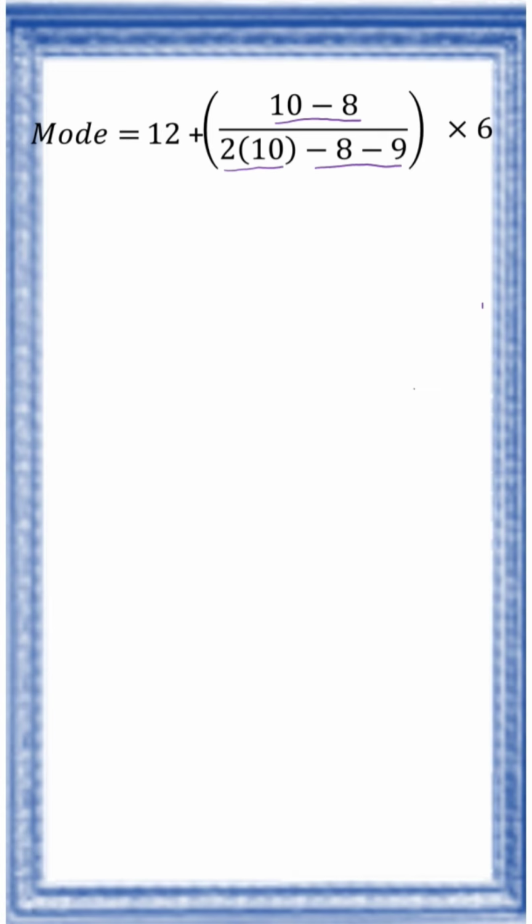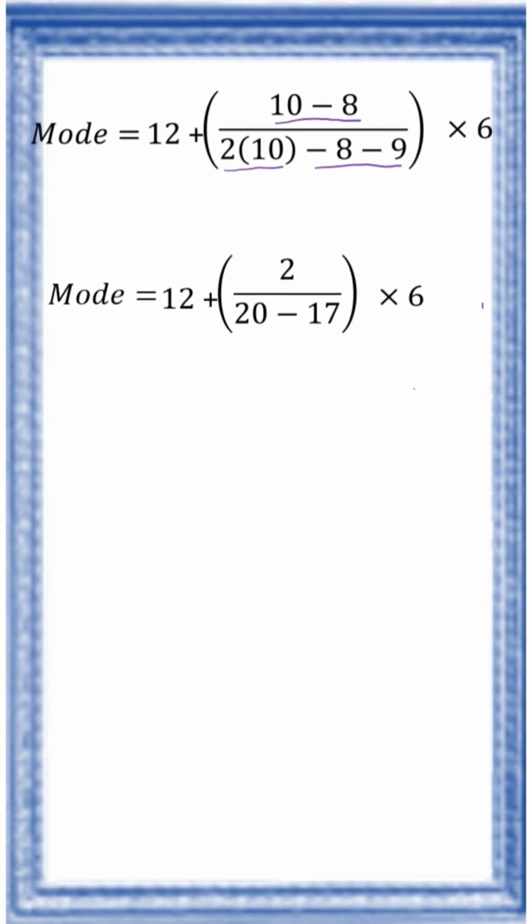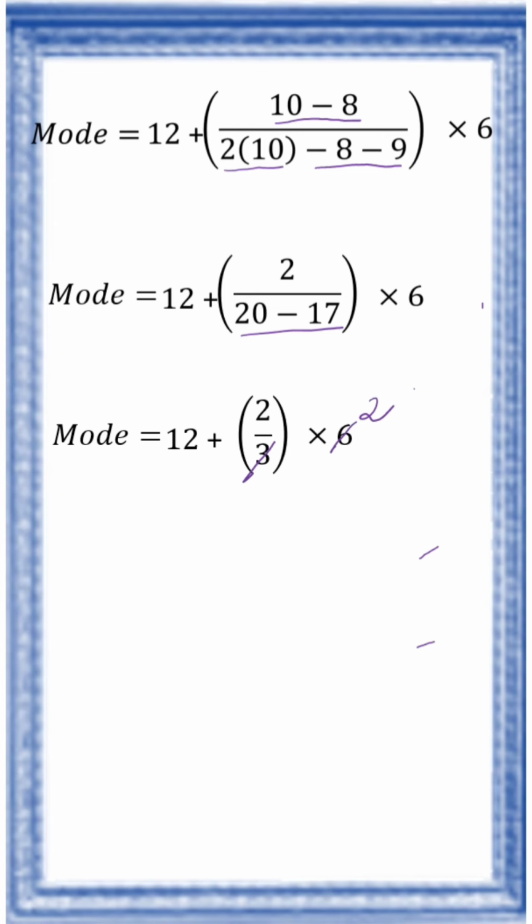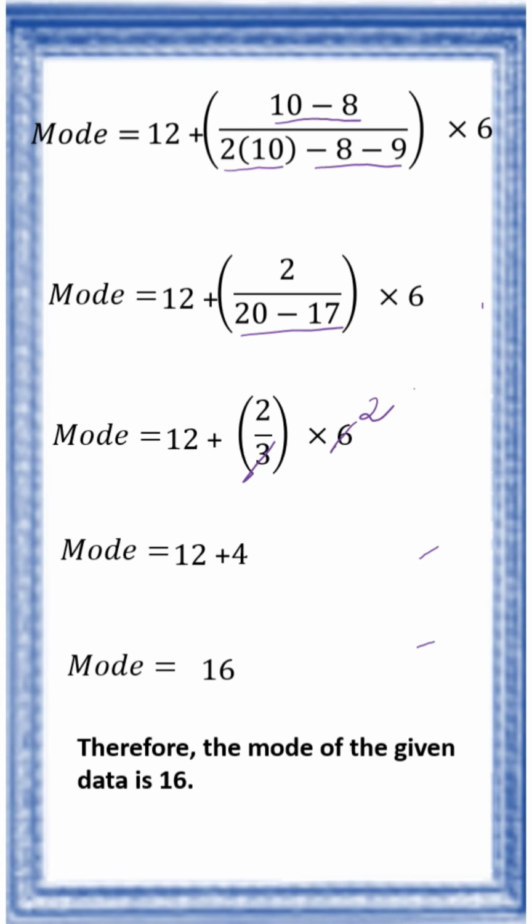Minus 8 minus 9 is 17. 12 plus 2 by 20 minus 17 into 6. Here 20 minus 17 is what? 3 into 6. 3 ones are 3, 3 twos are 6, so 2 twos are 4. So 12 plus 4. So mode is equal to 16. Therefore the mode of the given data is 16.